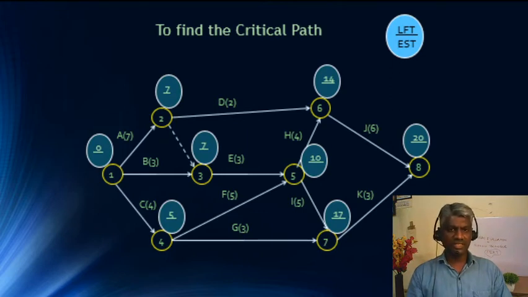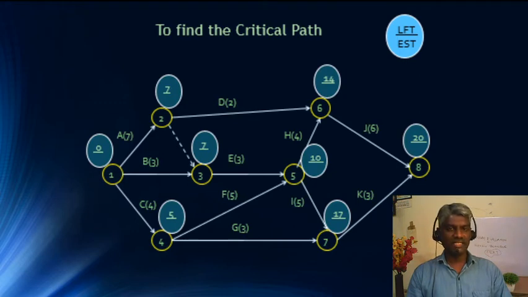In the next node 3, there is only one arrow tail. So the latest finish time of node 5 is 10, and 10 minus 3 is 7. And the next node 2, the dummy has no duration, so 7 minus 0 is 7.